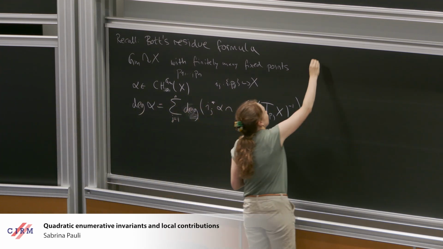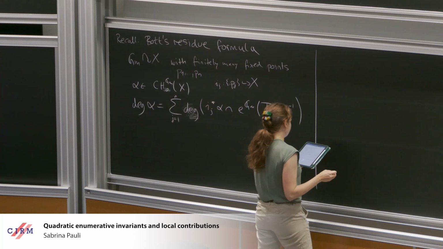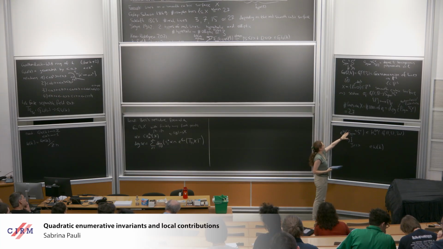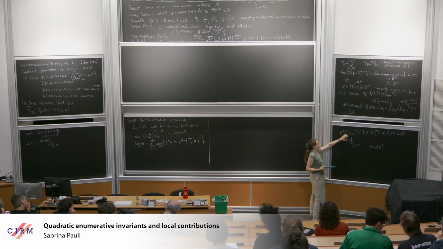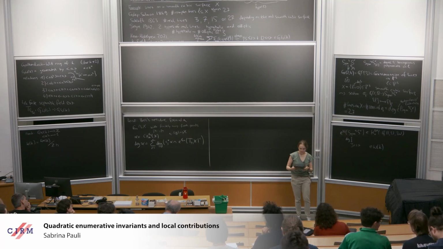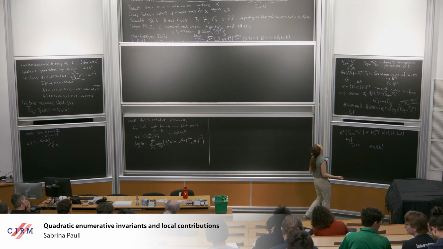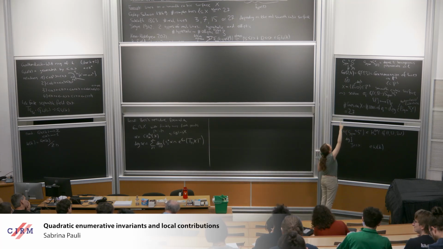So let's do this in the example. I want to compute the equivariant Euler class of this vector bundle. For this, I need a G_m action on X, which is just the Grassmannian now.